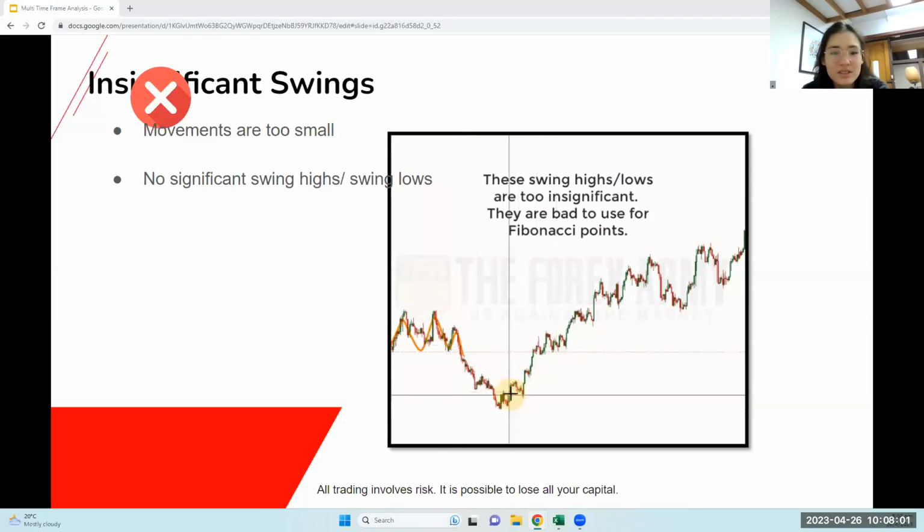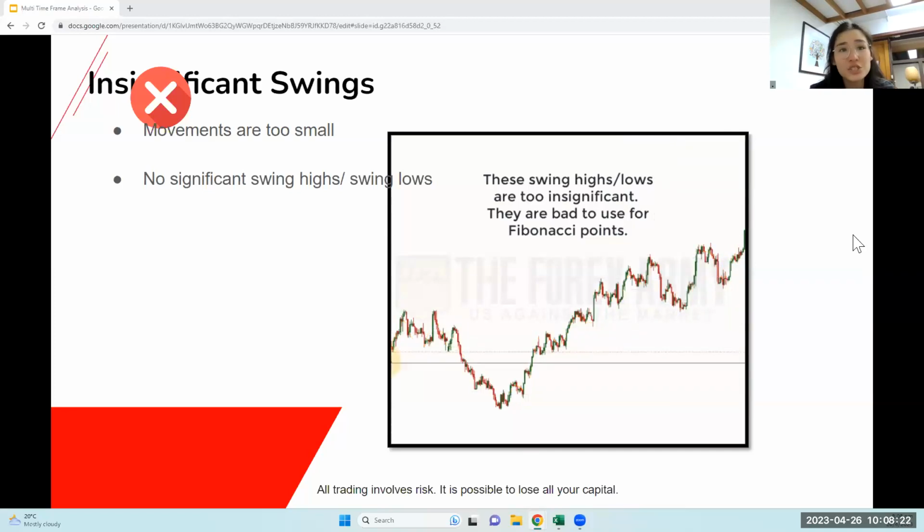Okay, sorry about this among the slides, but it says insignificant swings. So this is an example of an insignificant swing. So insignificant swings are typically used to identify support and resistance, as we are talking about them, but they're also used to identify Fibonacci levels as well.